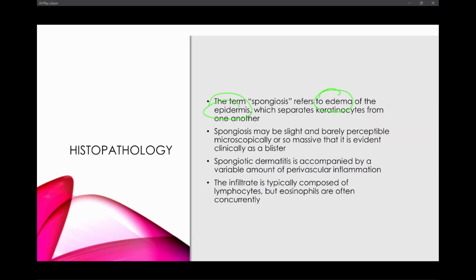Also going to have some perivascular inflammation, and the infiltrate is mainly lymphocytes. But you can have some eosinophils there. Obviously, if it's an allergic reaction, they're going to be there as well, your eosinophils. Always associate those eosinophils with allergies. Always going to be some sort of allergic response for the IgE to pop out.